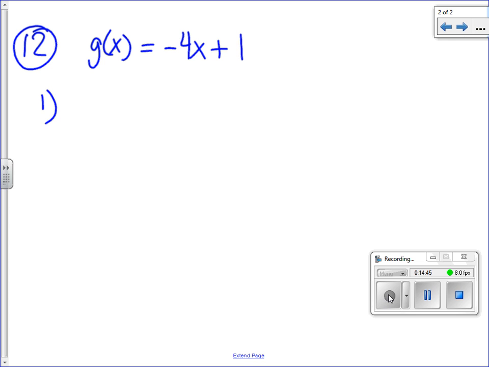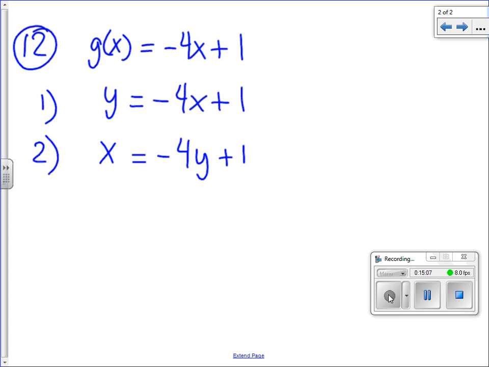So step number 1, we replace g of x with y. Step number 2, we interchange x and y. So the y becomes x, and the x becomes y.